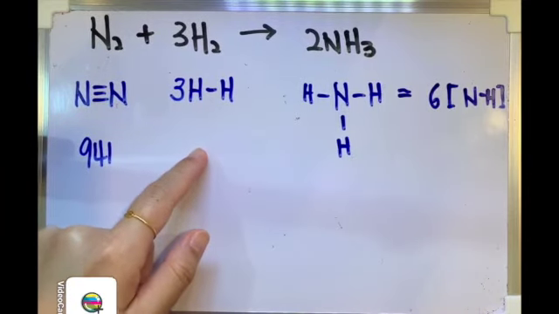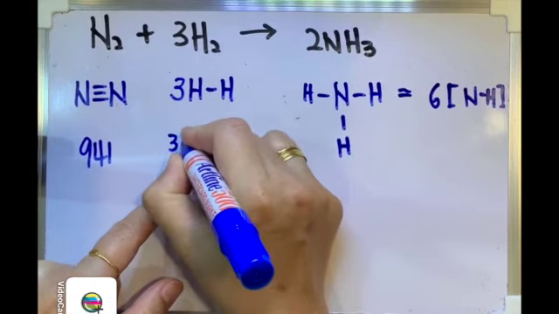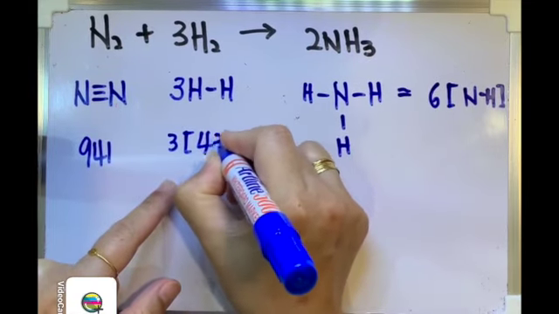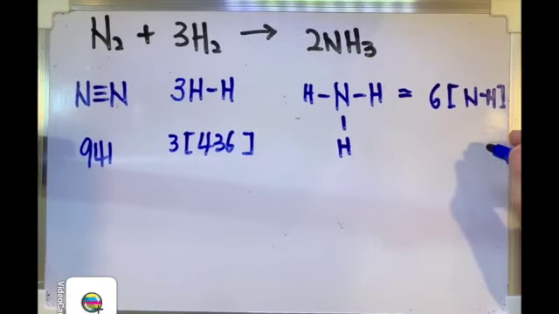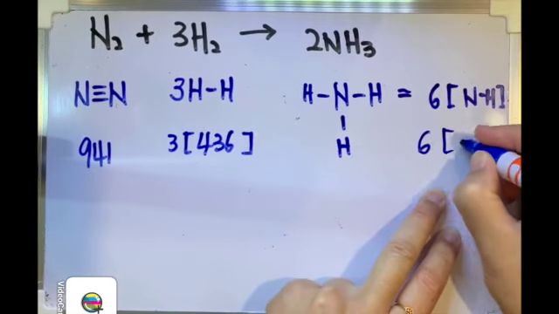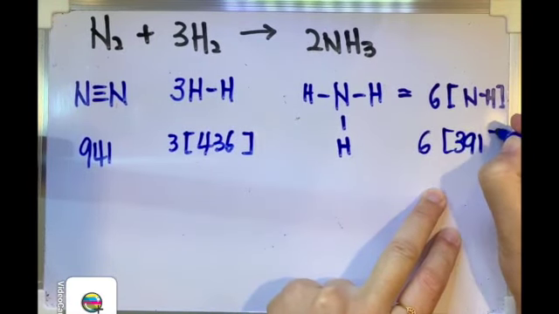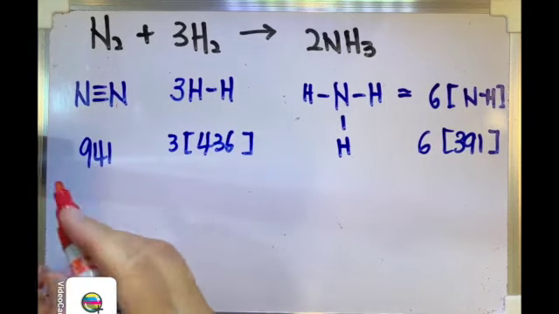For each hydrogen single bond hydrogen, it involves 436 kilojoules of energy. And lastly, for the nitrogen hydrogen single bond, each of them is 391 kilojoules of energy.